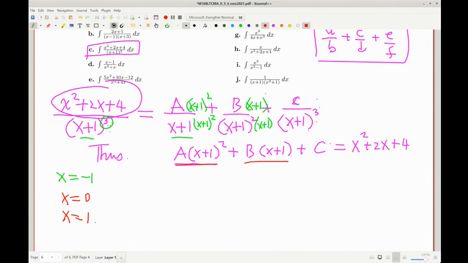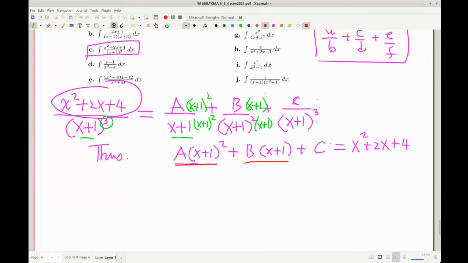What I'll do for this problem though, sorry, I will transition to another technique. Instead of doing these x equals, I will go ahead and multiply out the left side and combine the left side.